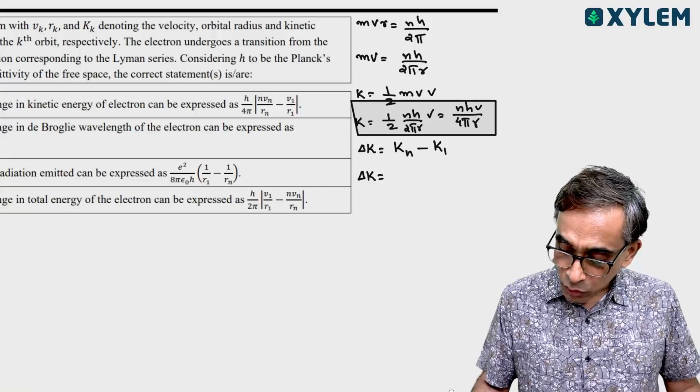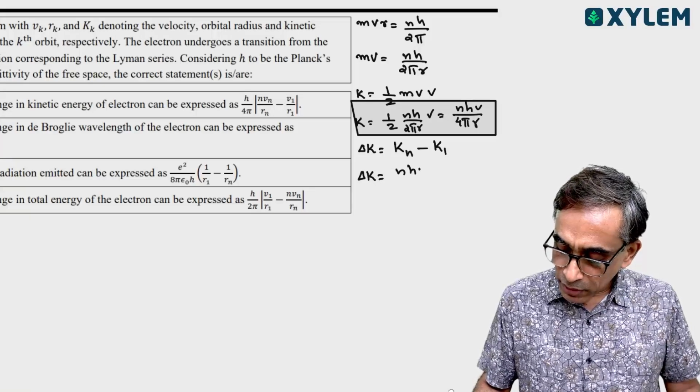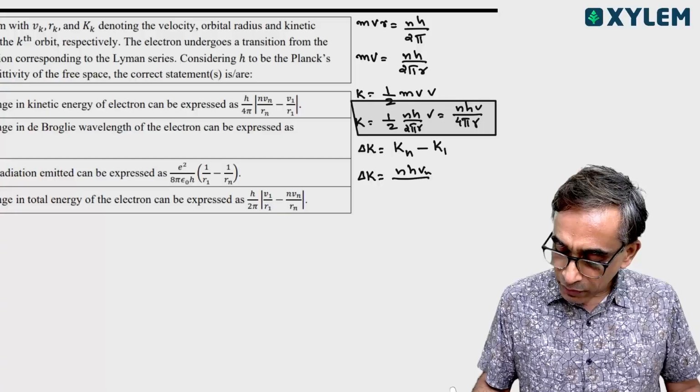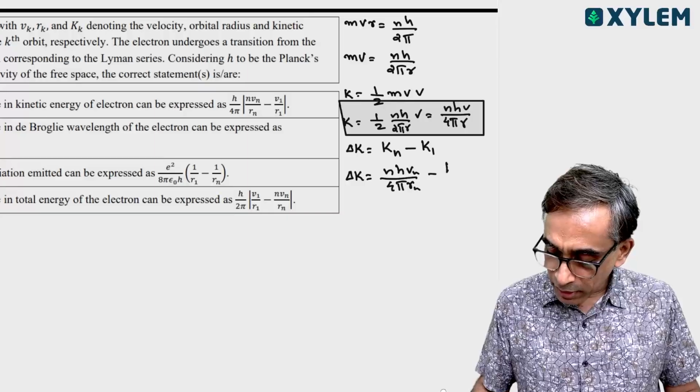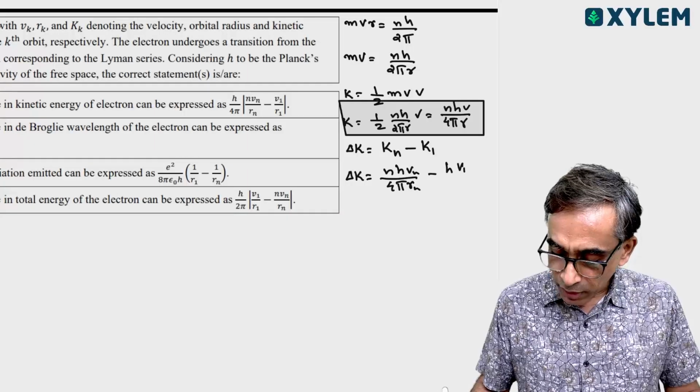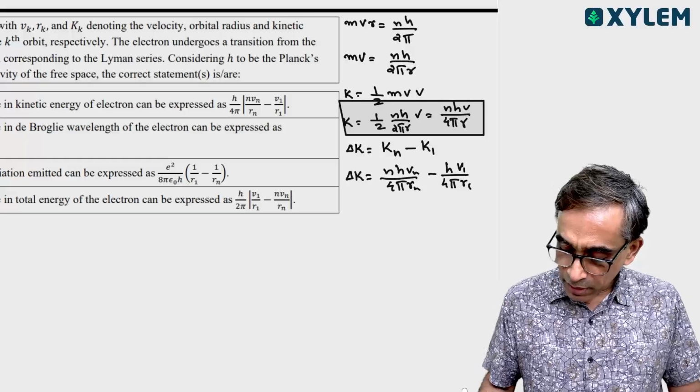nth orbit: n h vn divided by 4 pi rn, minus first orbit, where n is 1: h v1 divided by 4 pi r1. The common term is h by 4 pi.